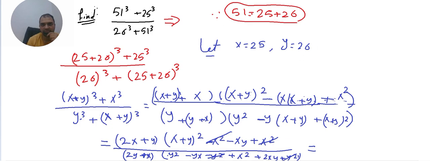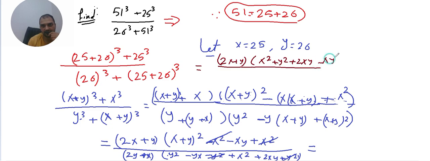Here's the answer, with me. Up in the numerator we have 2x plus y, the product with x plus y all squared minus xy. You can simplify this also: x squared plus y squared plus 2xy minus xy. And down, 2y plus x product with y squared minus yx plus x squared.